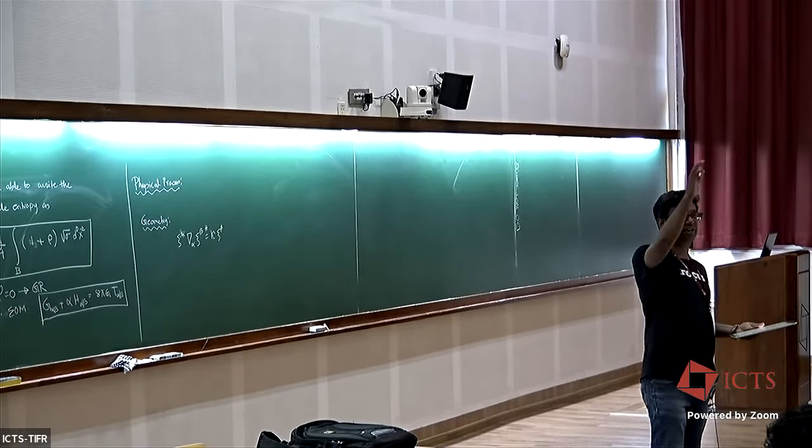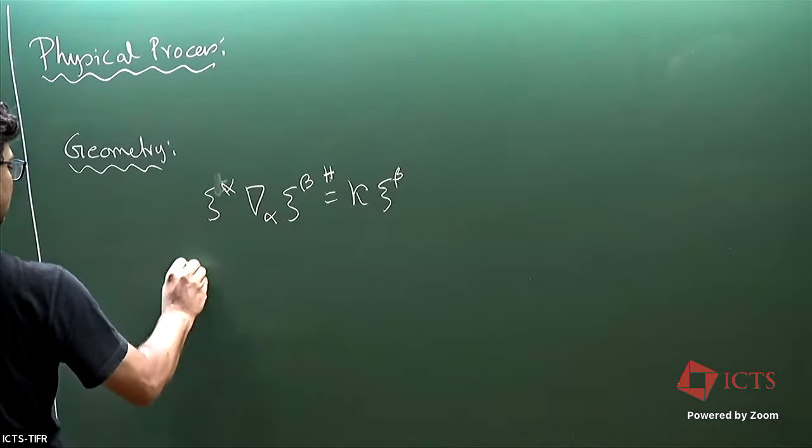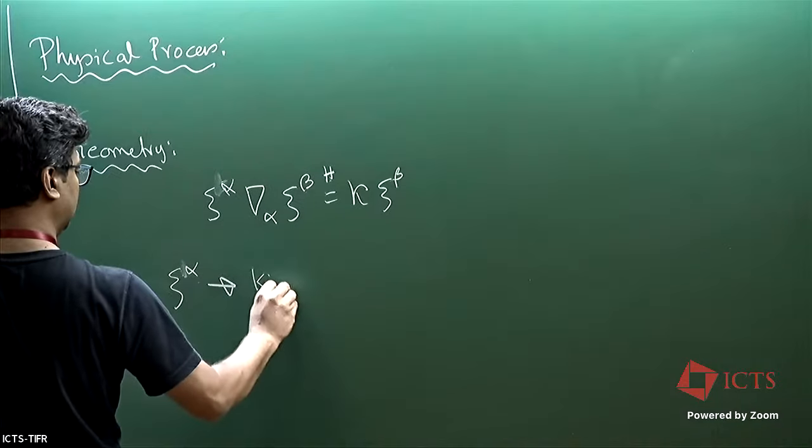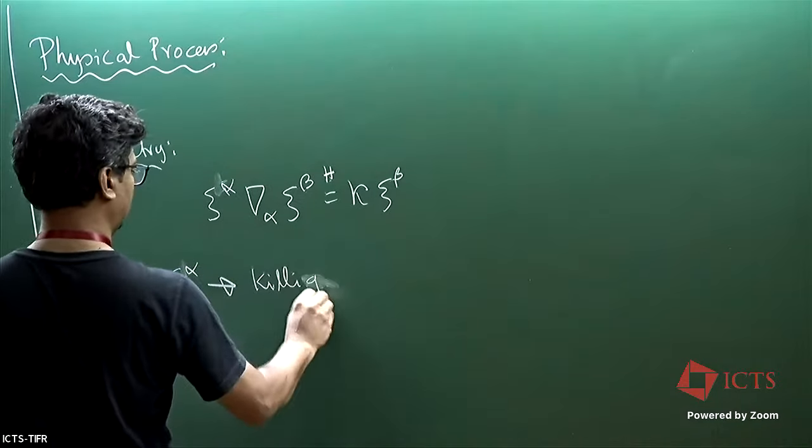Good. So this guy is the Killing vector, which is null on the horizon. What it means is that I should be able to parameterize this guy by a parameter called V on the horizon, okay?